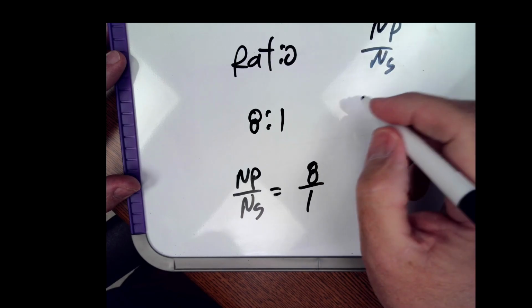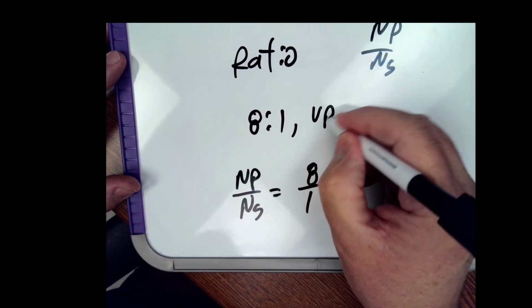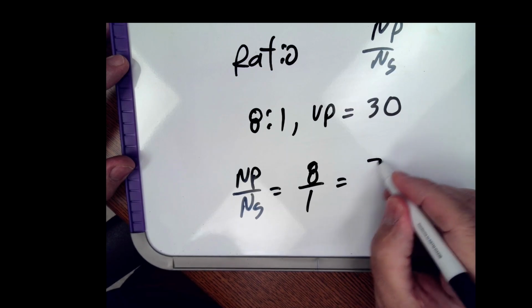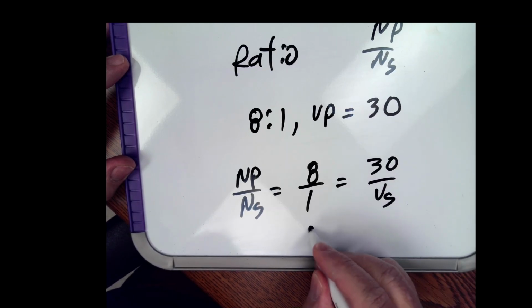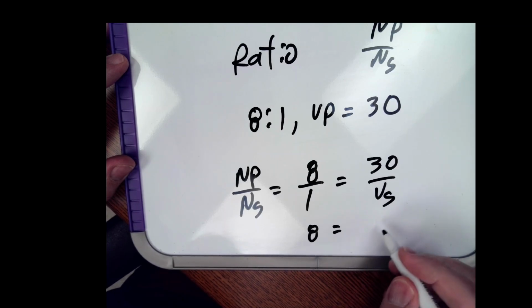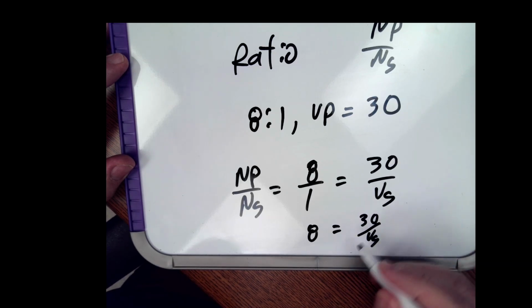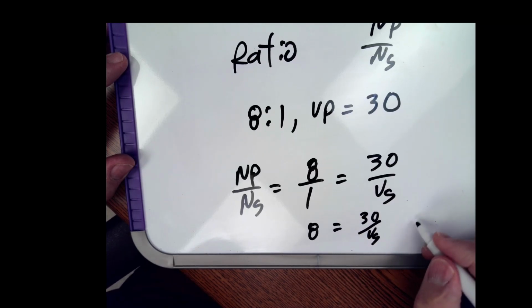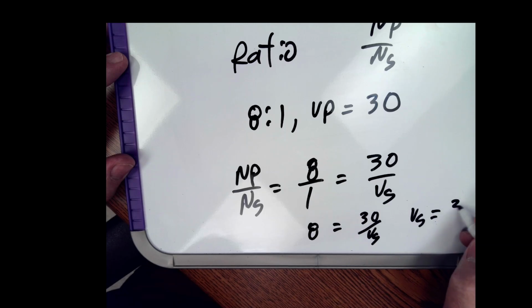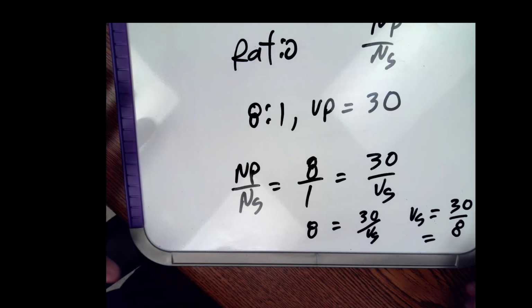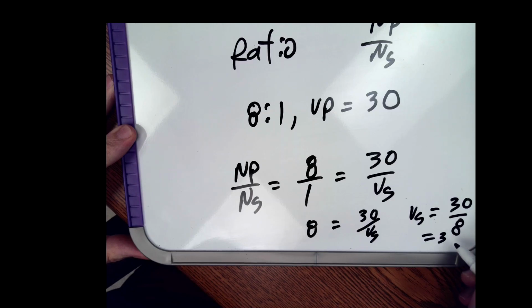And then if let's say we're also given VP equals 30, so this is going to equal 30 over VS, so 8 is going to equal 30 over VS. So if we just cross multiply and divide, VS is going to equal 30 divided by 8, which, what is that? 3.75 volts or whatever it is.